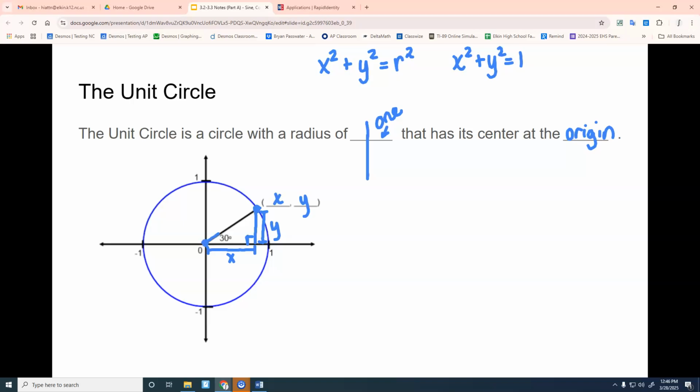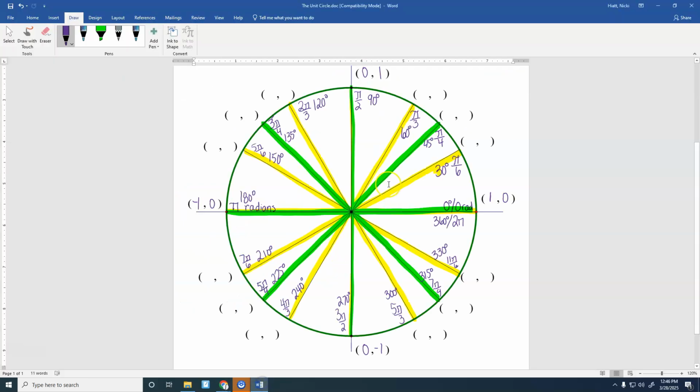It goes from the center to the outside of the circle. So it is the radius of the circle, and it's called the unit circle because its radius is 1 unit, right? So on that unit circle, all of those lines going out, all those yellow and green lines that I've got highlighted there from the center out to the edge, they have a length of 1.